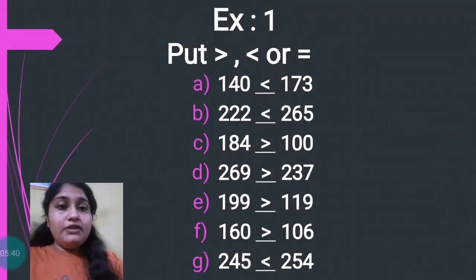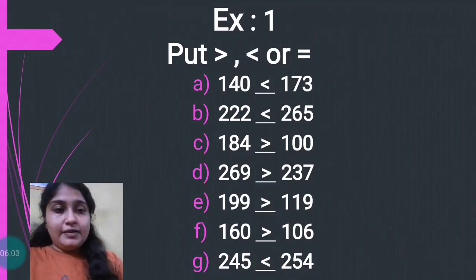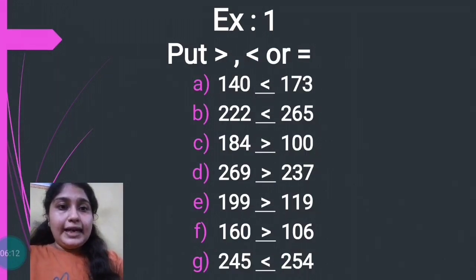In the first one, which one is greater? 173. In the second one? 265. In the C, 184 is greater. Then 269 is greater. E, 199 is greater. F, 160 is greater. And in the last one, G, 254 is greater.